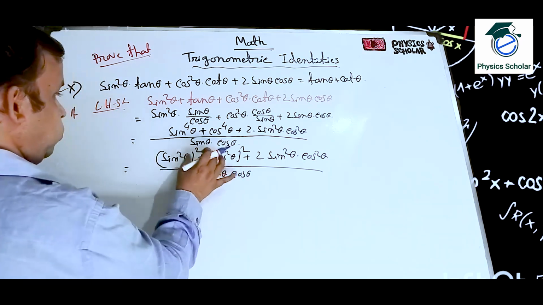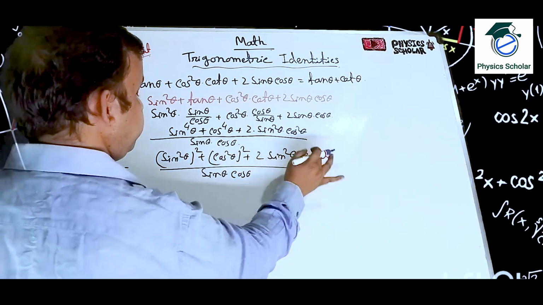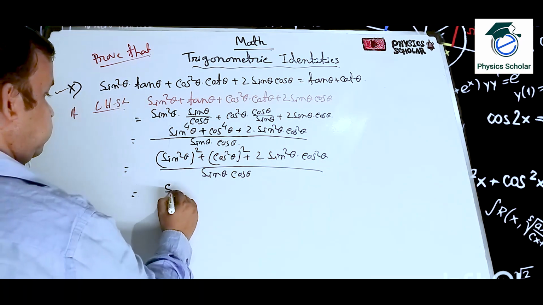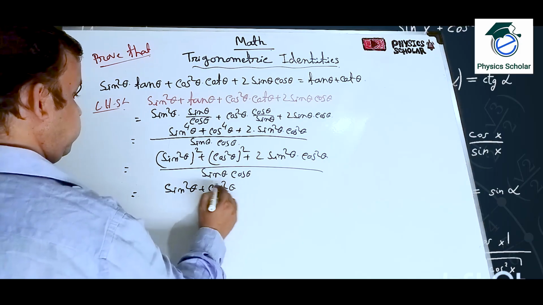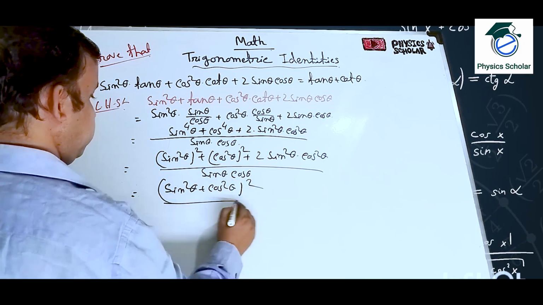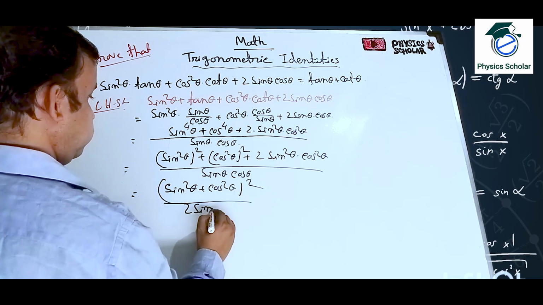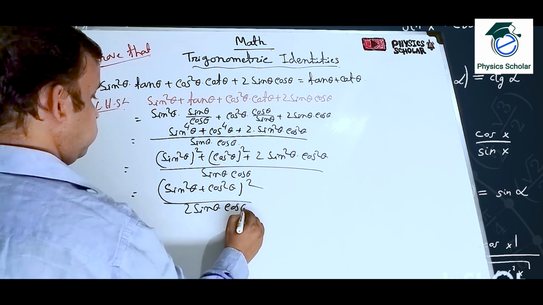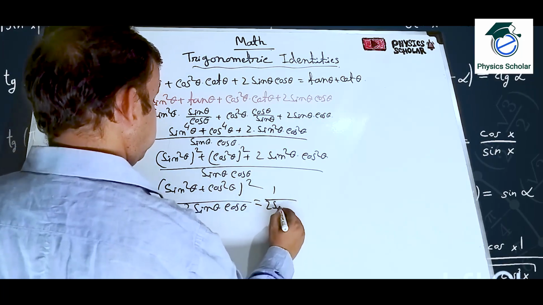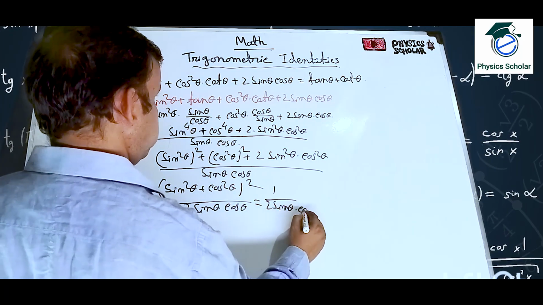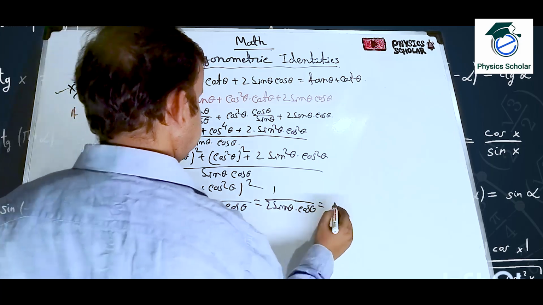That means a square plus b square plus 2ab. That means the formula: sin square theta plus cos square theta whole square divided by sin theta into cos theta. This is 1. So 1 divided by sin theta into cos theta.